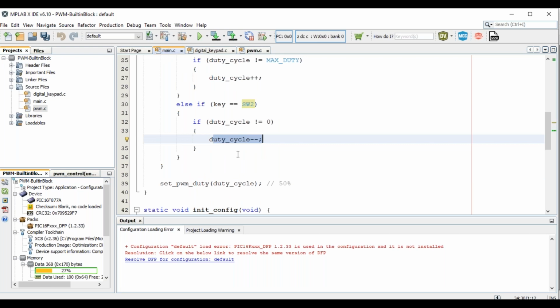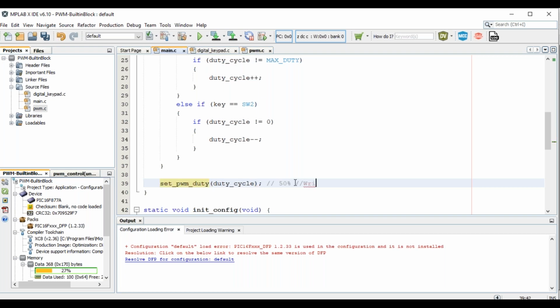Earlier, I was specifying the duty cycle and that was fed to the LED. This time, that duty cycle is passed as an argument to the SetPWMDuty function.